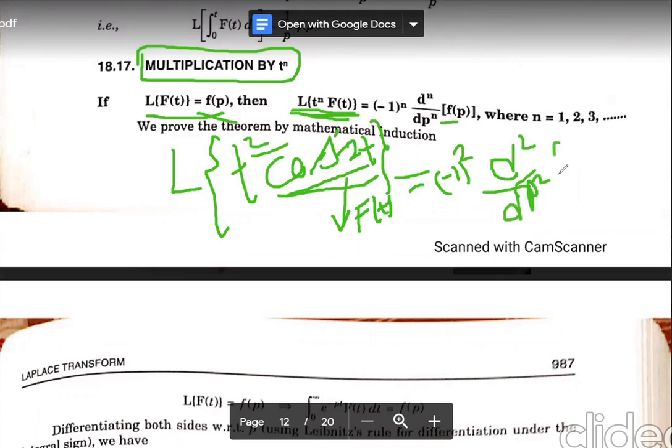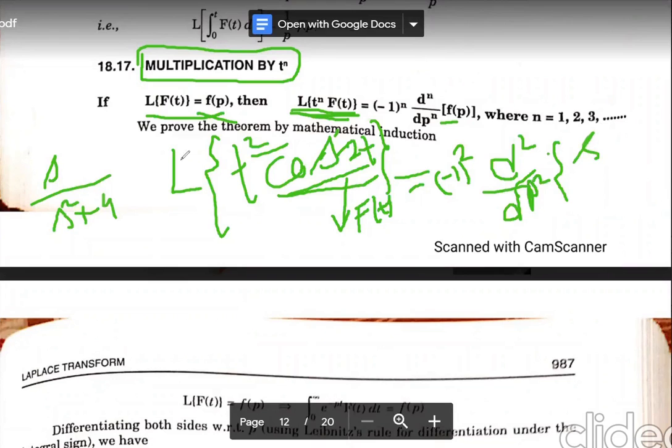Of what? Laplace transform of what? F of t. And Laplace transform of f of t means what here? F of t is your cos 2t. So the Laplace transform of cos 2t is s by s square plus a square. A square means what? a is 2, so 2 square means 4.